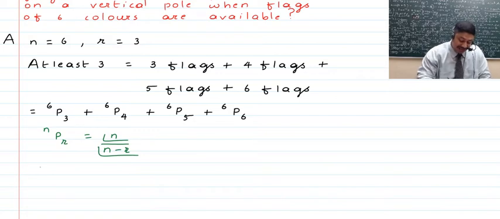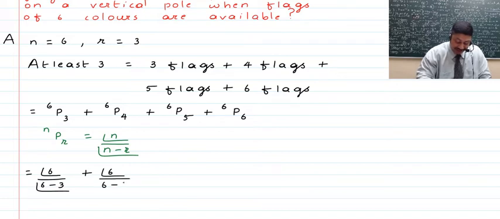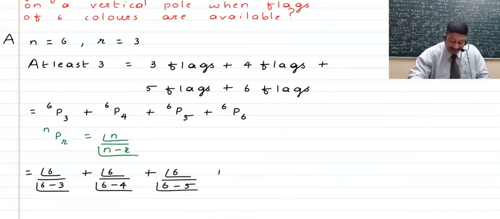Now writing this next, we will now have our final value to be equal to 6 factorial divided by (6 minus 3) factorial, to which is going to be added 6 factorial divided by (6 minus 4) factorial, and to that is to be added 6 factorial divided by (6 minus 5) factorial, and then lastly we have 6 factorial divided by (6 minus 6) factorial.